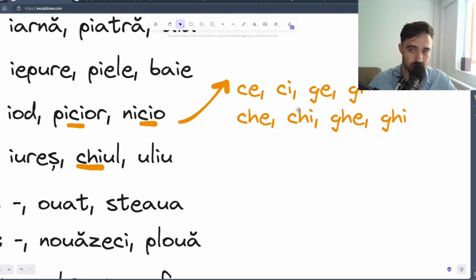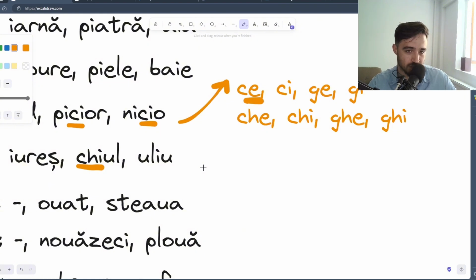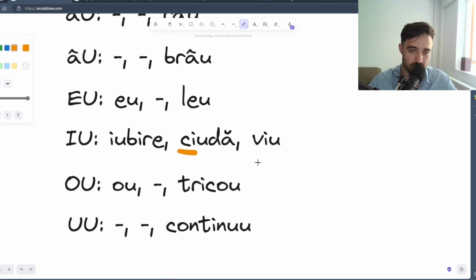So you will get those groups of letters, including this as the first vowel or the first semivowel of the diphthong group, E or I. Ciudă, viu. Then with O, you get nothing here, and tricou. And with UU, so with U, it's nothing here, and you really get only a bunch of words. One of them is continuu.